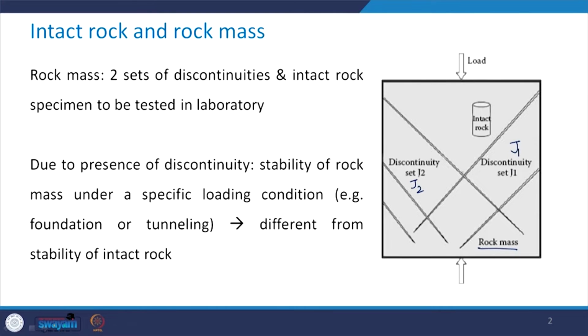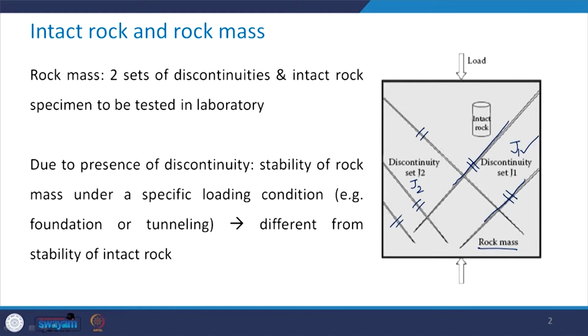So in a discontinuity set, the discontinuities are more or less parallel with same spacing. So you see in this case, this discontinuity is kind of parallel to this. So that is why we are calling this as discontinuity set 1. Similarly, this one, this and this, they are discontinuity set 2.